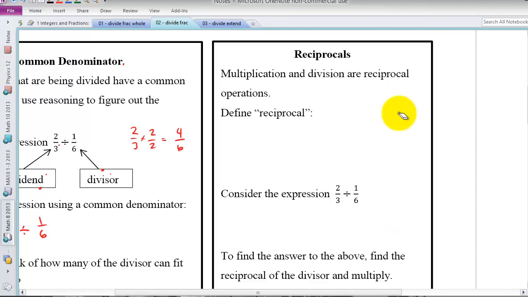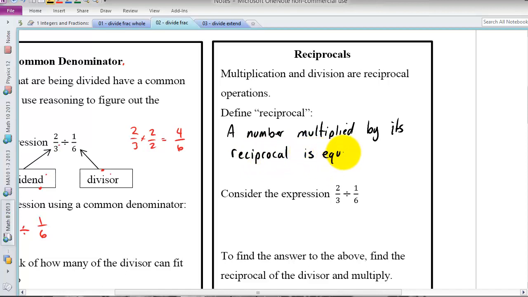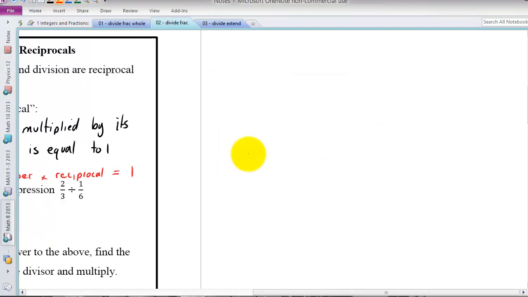So let's define reciprocal. A number multiplied by its reciprocal is equal to 1. So 6 times what equals 1?